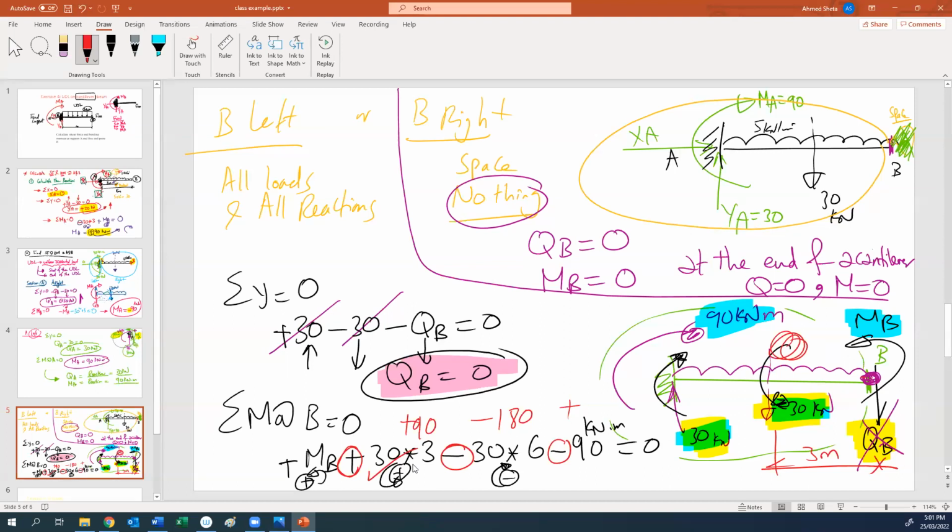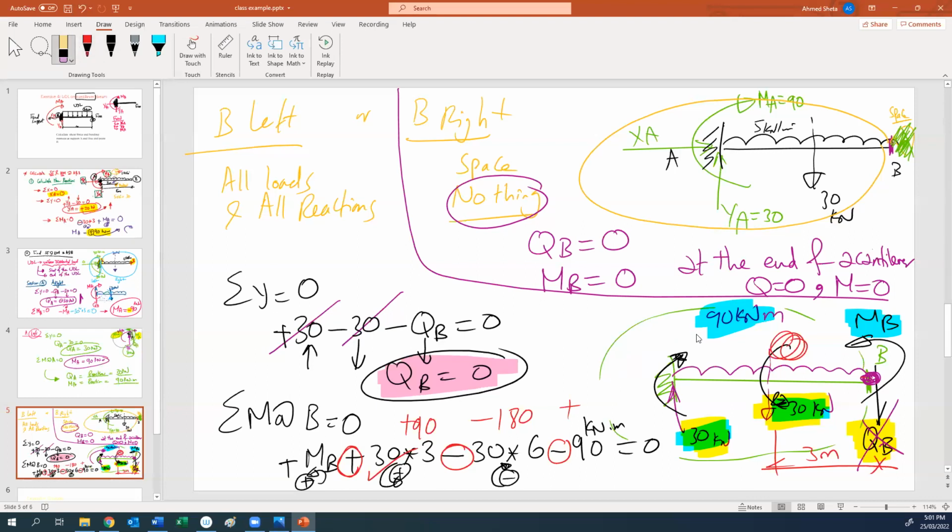There's something wrong in this equation. Yeah, this one was the opposite direction. Sorry, guys, I just drew it wrongly here.